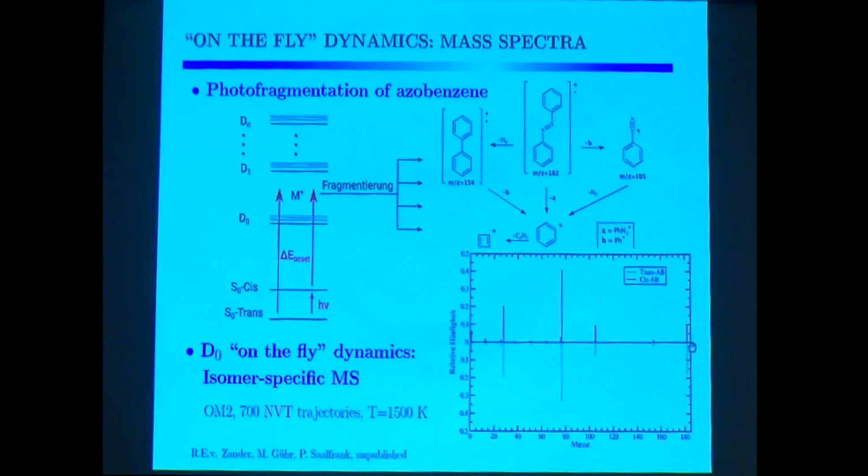And in fact, they have slightly different fragmentation patterns, which is sort of surprising because the energy difference between trans and cis in the ground state is very low compared to the excitation energy, but still you see some differences for trans and for cis in the case of azobenzene molecules.